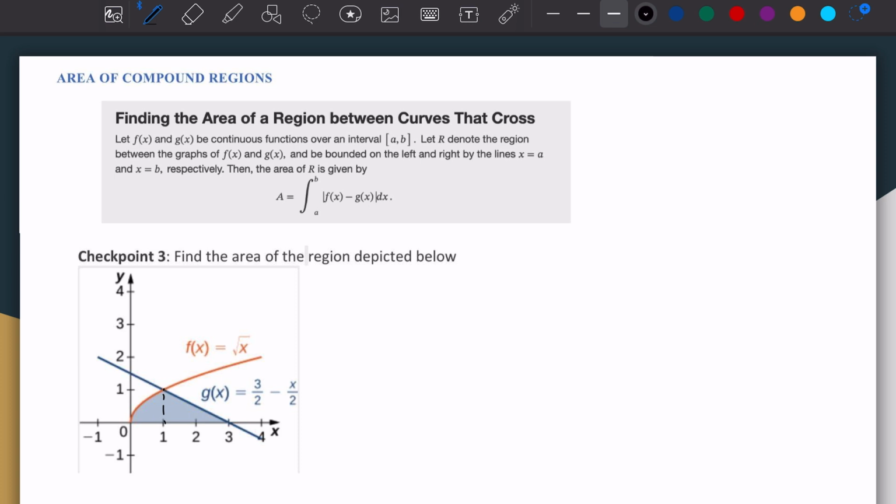So because of that, essentially what we are going to have to do is split up the integral. So it's going to have to be 0 to 1 for f of x, and then 1 to 3 for g of x. So that's going to look like, just write it down here, 0 to 1, root x dx.